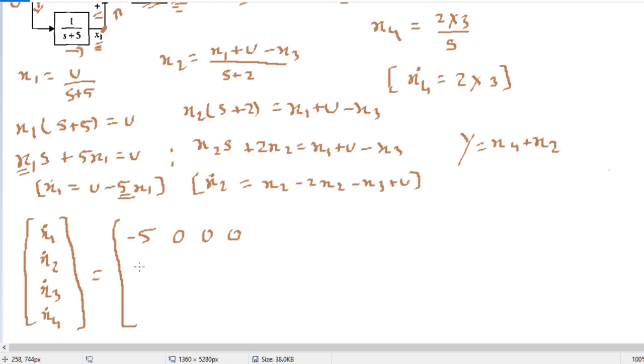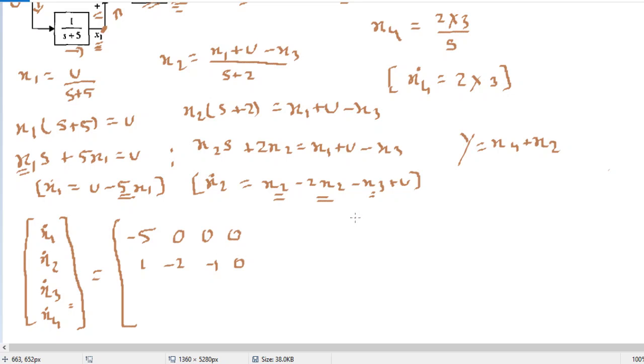In the case of x2 we have x1, x2 and x3, so we can write it here. x1 is 1, x2 is minus 2, x3 is also minus 1, and x4 is 0. Now x3.